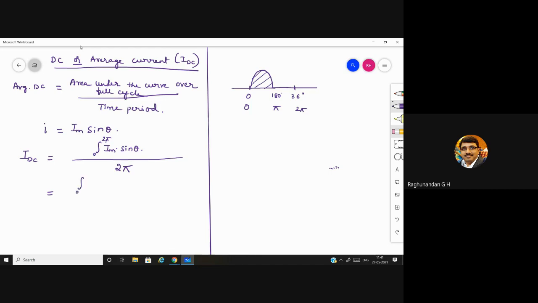So we'll split it up: 0 to pi Im sin theta plus pi to 2 pi Im sin theta, divided by 2 pi. Okay. Now tell me, what is the value of Im in the range 0 to pi and what is the value of Im in the range pi to 2 pi?